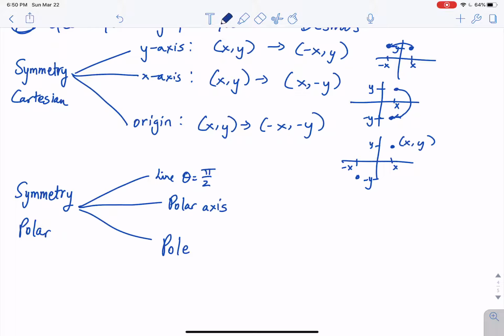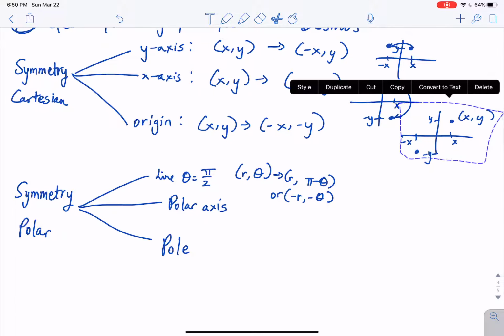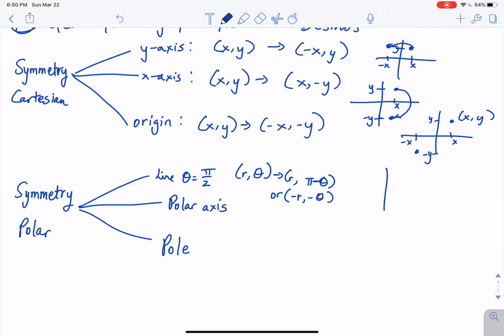For symmetry with respect to the line theta equals pi over 2, if we have a point (r, theta), it's the same as the point (r, pi minus theta), or (-r, -theta). If you think about this, I have my polar graph and a point (r, theta), and I want it to be symmetric around this line.